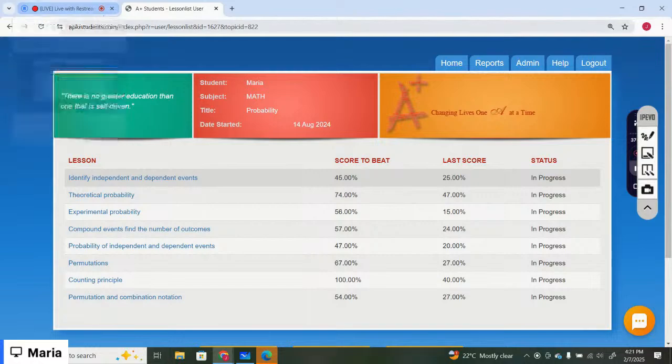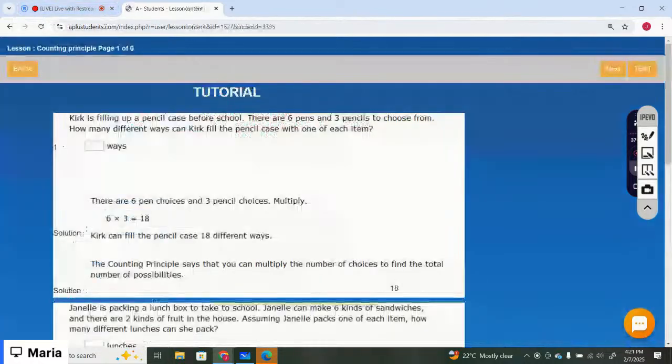That is the counting principle. Kirk is filling up a pencil case before school.